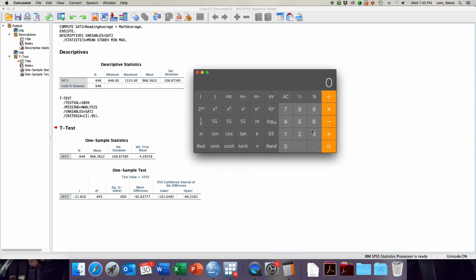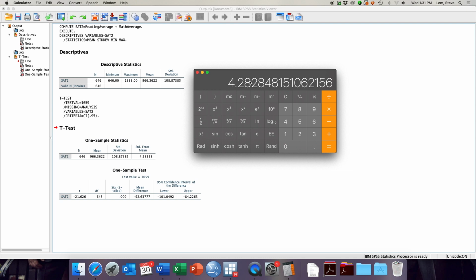If we take the square root of 646, we get 25.42. We can divide our standard deviation by 25.42, and that gives us our standard error of the mean. Here you can see that it's correct out to 2 decimal places, with a little bit of error from the rounding I did when I put it into the calculator.